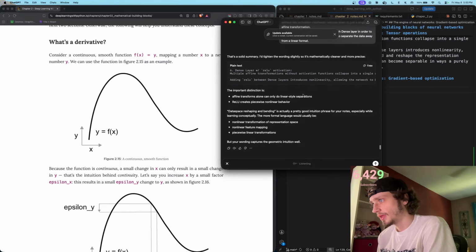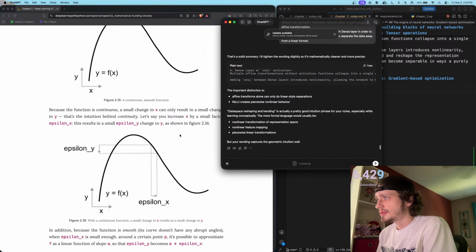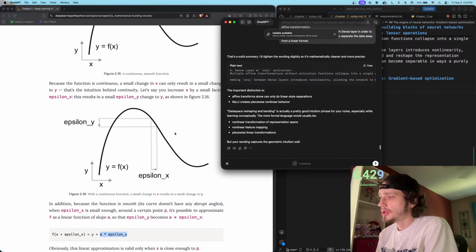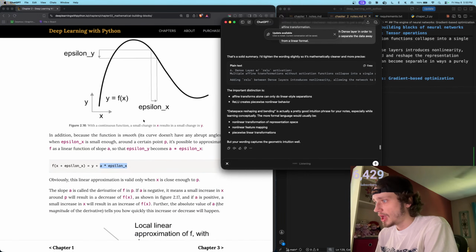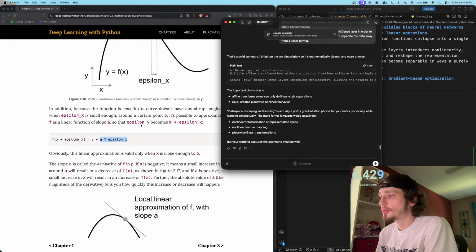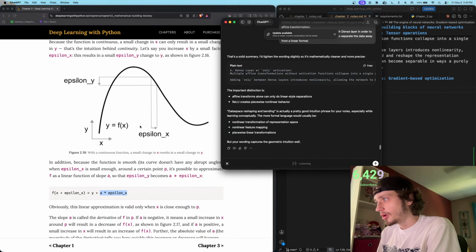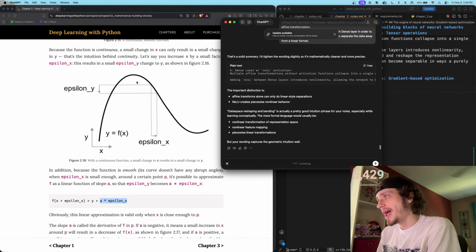Now, the thing with derivatives is that if we have some epsilon, some movement from the point that is so small that we could approximate a local linear approximation of slope between x and that new point P, the difference of which is epsilon x.